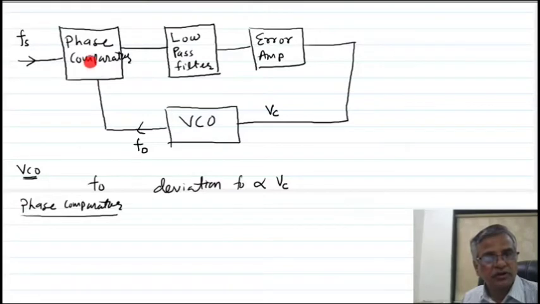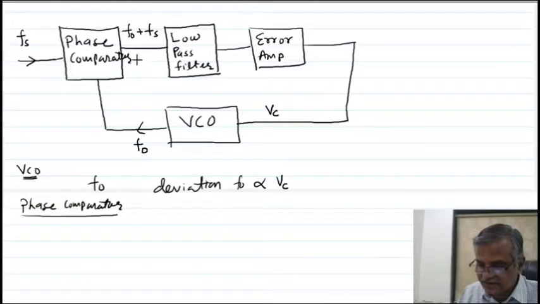Here the output produced is the sum and difference of Fs and FO, that is, FO plus Fs and FO minus Fs.